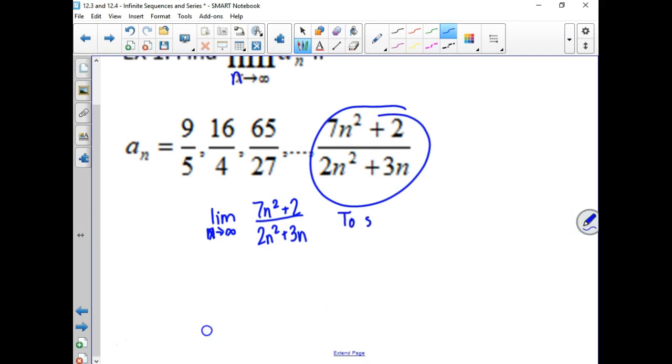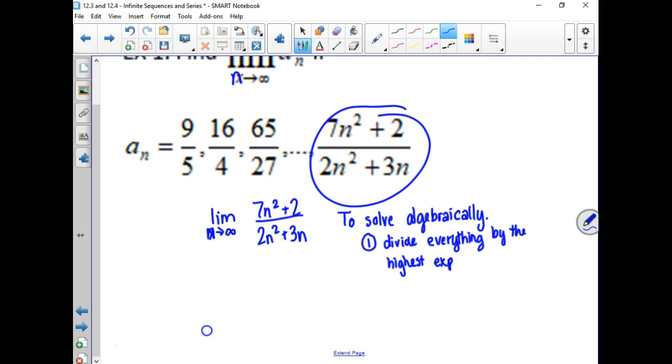To solve algebraically, okay, so to do it without the calculator, divide everything by the highest exponent of the denominator.